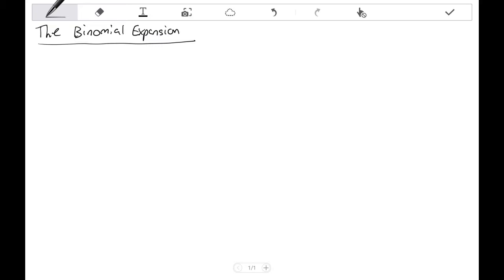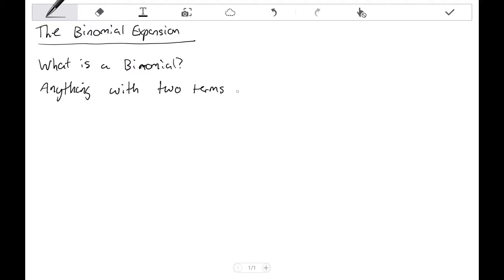So let's jump in. First, I want to just look at the question of what is a binomial. Because you may be wondering, what is a binomial? Well, it's anything with two terms joined by plus or minus.